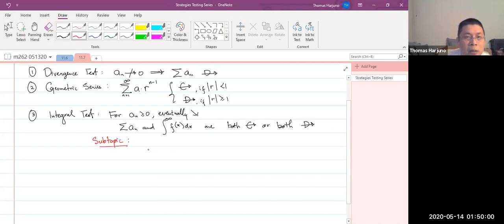that the error, the remainder, I should say, the remainder, which is the error. The error, the remainder if you stop at the nth term, will be less than or equal to the integral from n to infinity of the continuous superposition function.